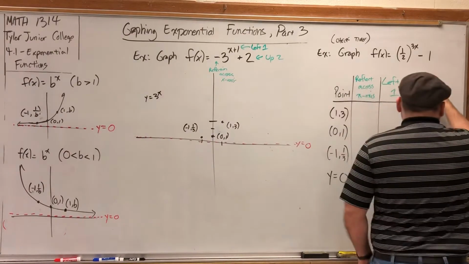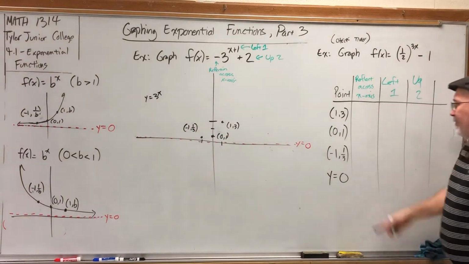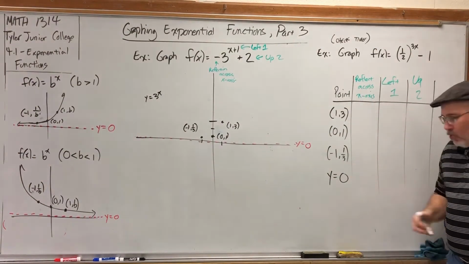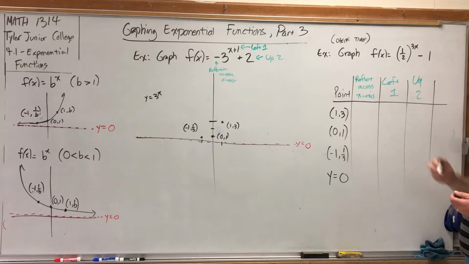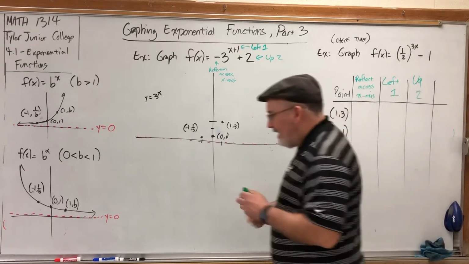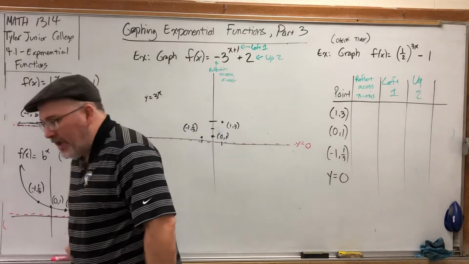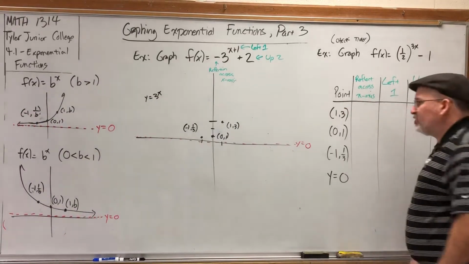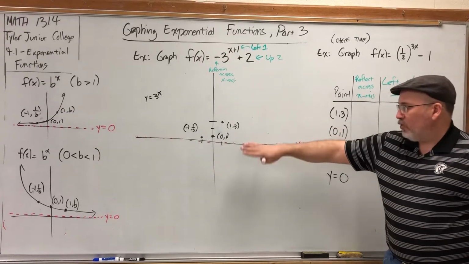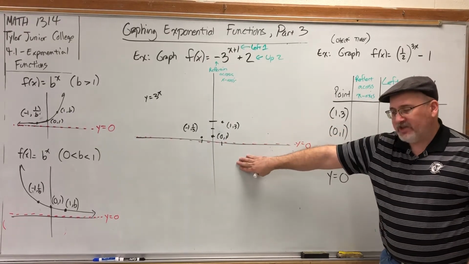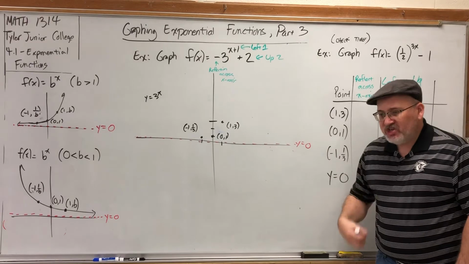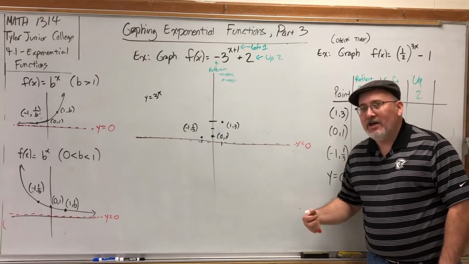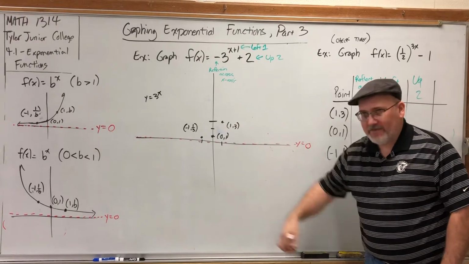So what we're going to do is figure out what happens to each of these points along with the horizontal asymptote under each of these transformations and replot them and resketch the graph. Let's start with the reflection across the x-axis. When you reflect a point across the x-axis, you are changing the sign of the y, because if it used to go up, now it goes down and vice versa.